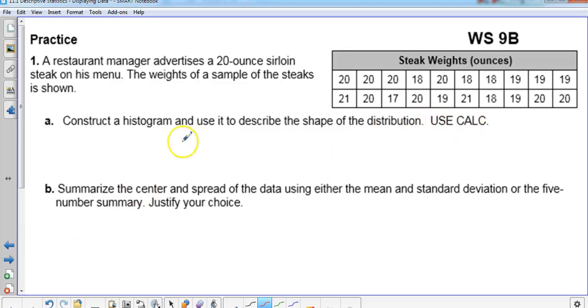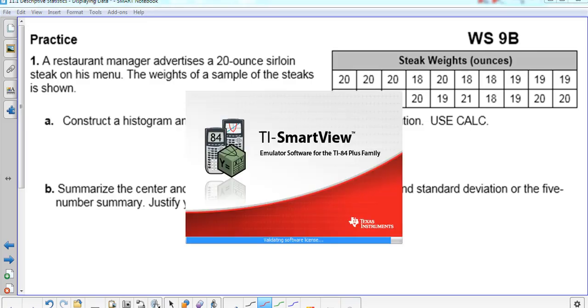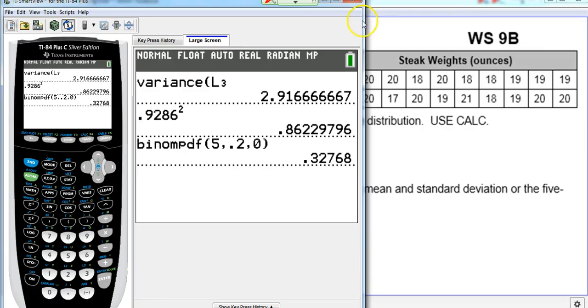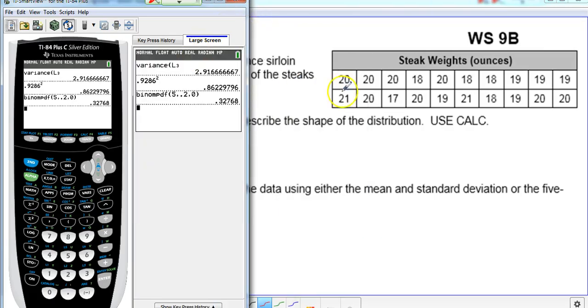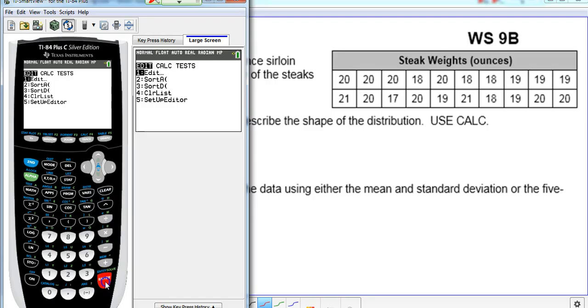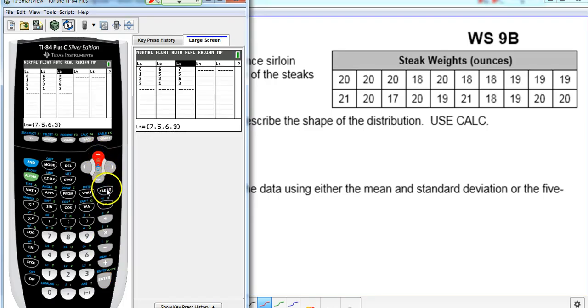We're going to do something similar with our stakes. I don't think I can use, well, maybe I can use this one. I can make it small enough. All right, so we're going to go stat, enter, clear out list 1, not delete, remember, up onto the title, clear, enter, and put in these numbers.